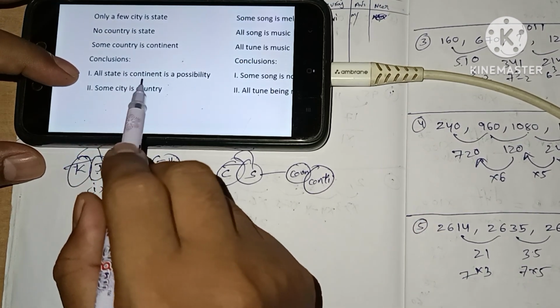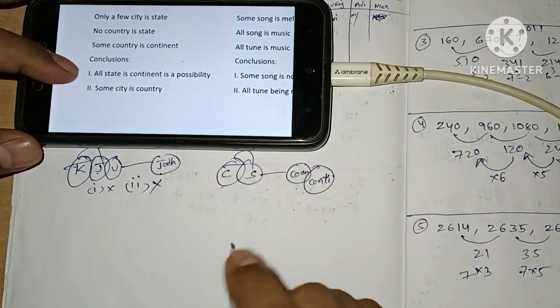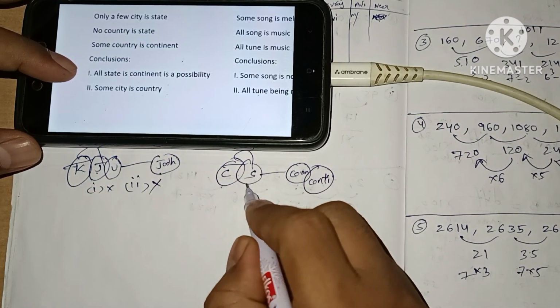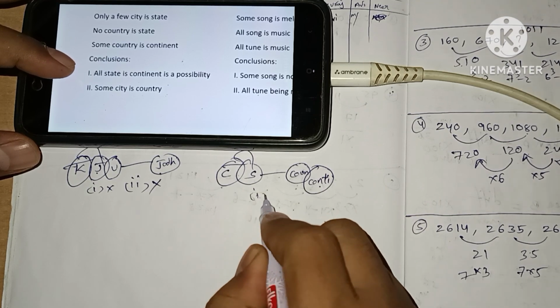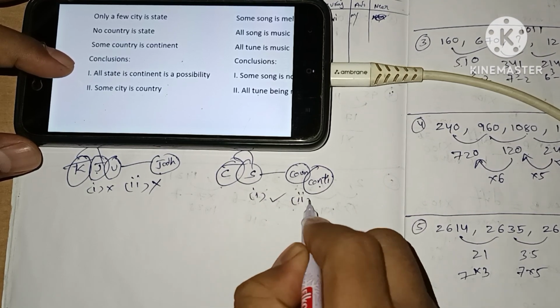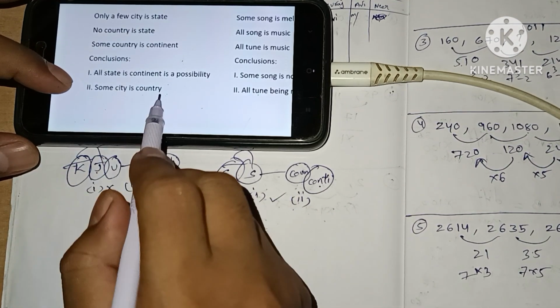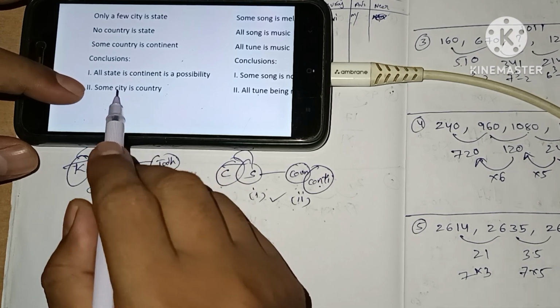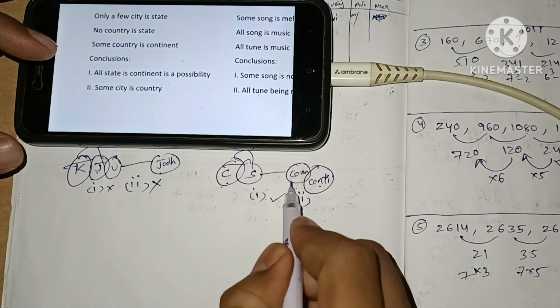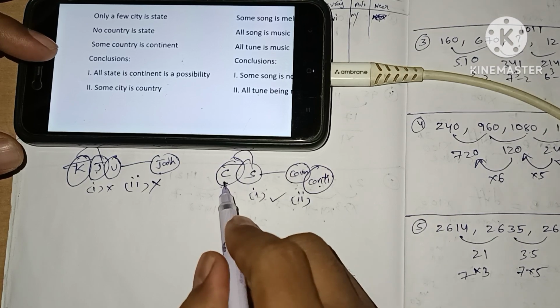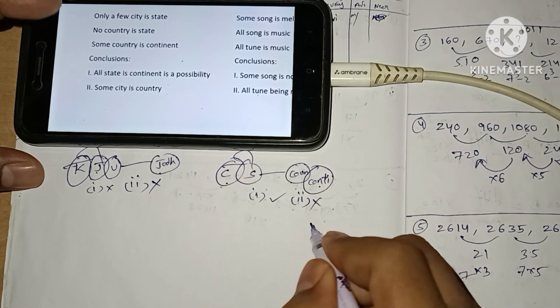All state is continent is possibility. All state can be placed inside continent as it is possible. So first conclusion is true. Second conclusion, some city is country. It is direct conclusion. This is city and this is country. There is no direct relation between these two. So second conclusion is false.